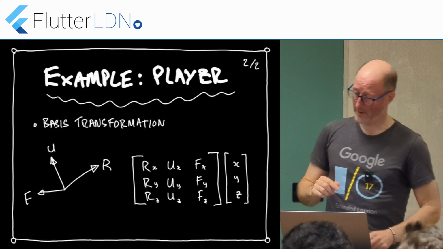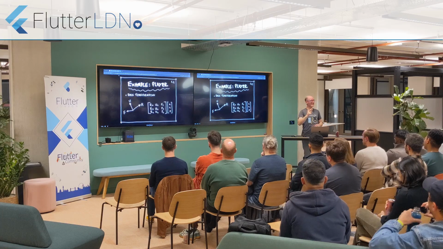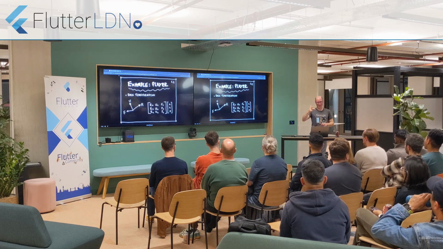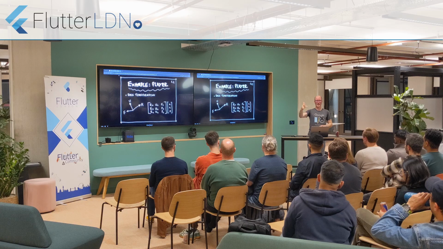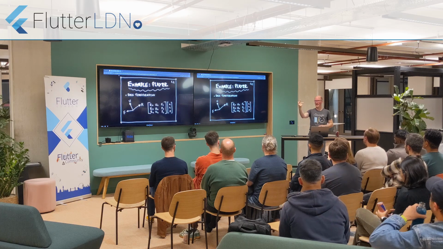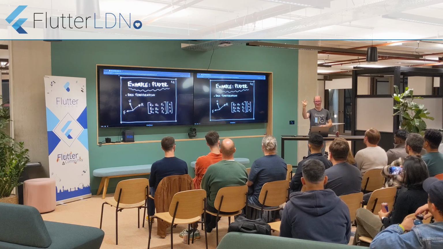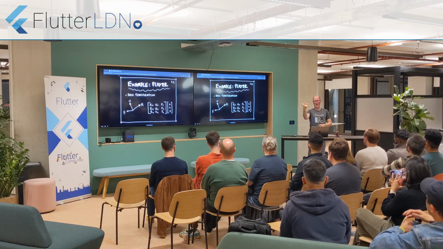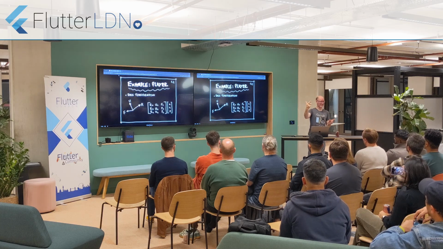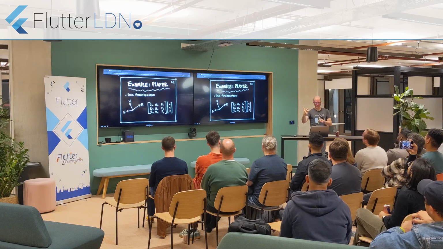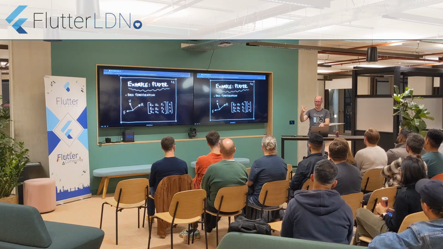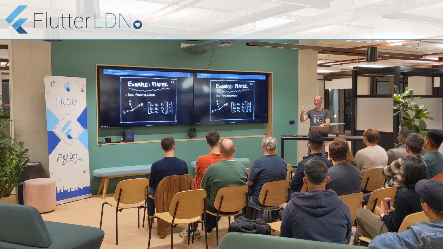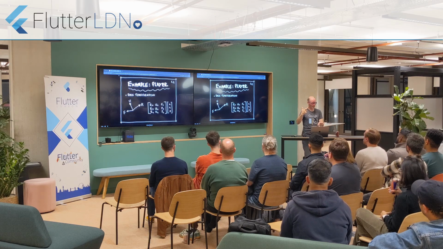Now, here's a hack. You can go from one basis to another. That is, you can go from one set of X, Y, and Z coordinates to an arbitrary rotation if you have the three vectors that you want to rotate to in your original basis. So what we've just calculated, the up, right, and forward vectors, we make into a 3-by-3 matrix using those vectors as columns in your transformation.